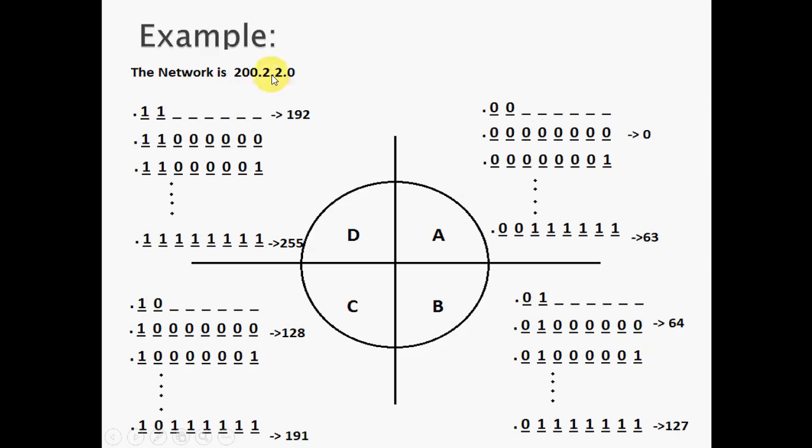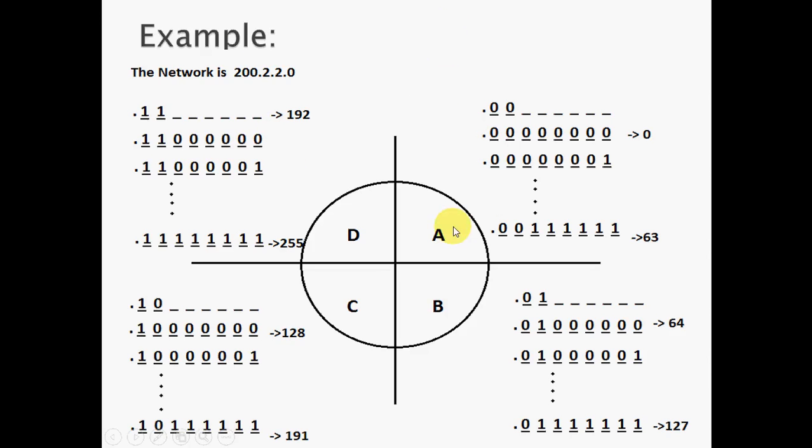So the number of hosts we will get for the respective network will be 2 raised to 8 minus 2, that is 254. Here the first IP address will be used as the network ID and the last IP address will be used as the directed broadcast address. So we reduce 2 from the number of hosts.